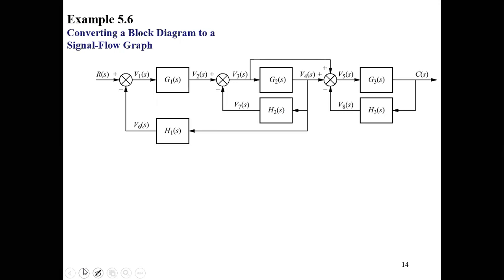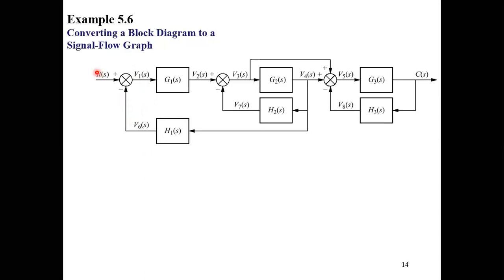To convert a block diagram to a signal flow graph, as I have already told you, first of all, if the nodes are not given, we will write the signal names on the signals, and these will be represented in the form of nodes.